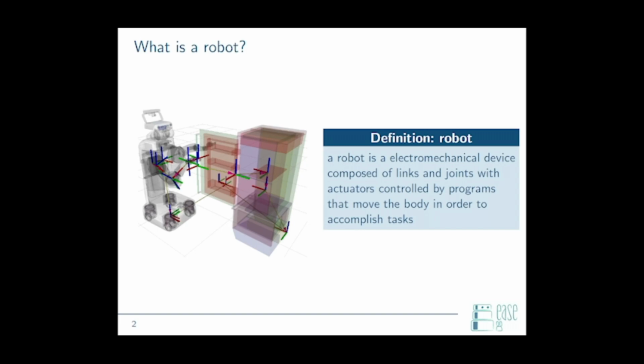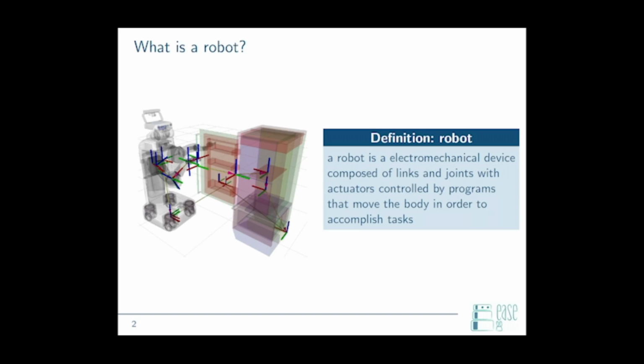And for the joints, we have actuators that enable the robot to move a link with respect to the previous link in the chain. And robots are equipped with programs. And the effect of running the programs is that the body of the robot moves.